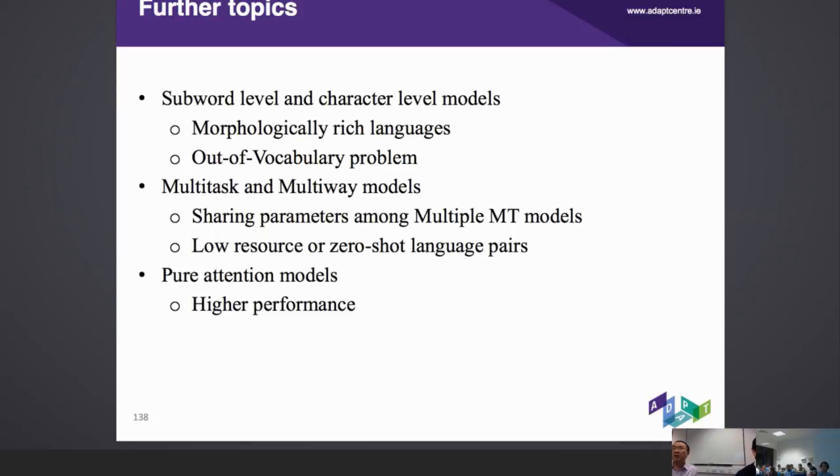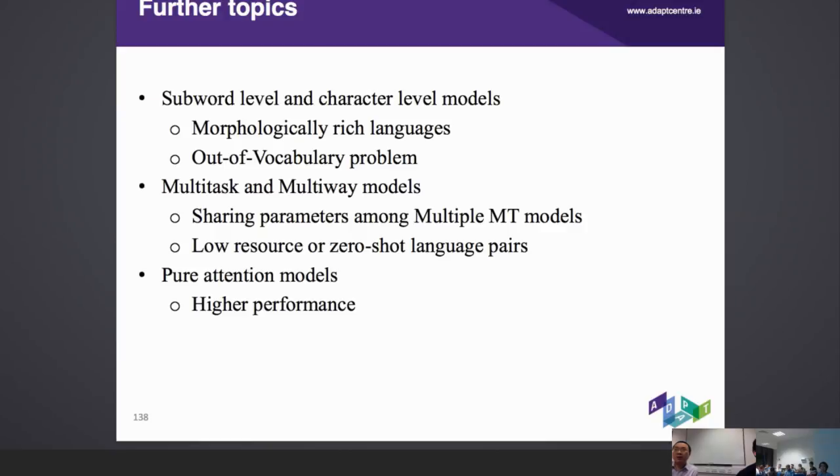It can be used to tackle the problem of morphologically rich languages, and also to solve the out of vocabulary problem. Then there are also multitask and multi-way models for machine translation. Using these models, we can share parameters among multiple neural machine translation models, and it is a very useful technique to solve low resource language pairs or even zero-shot language pairs.